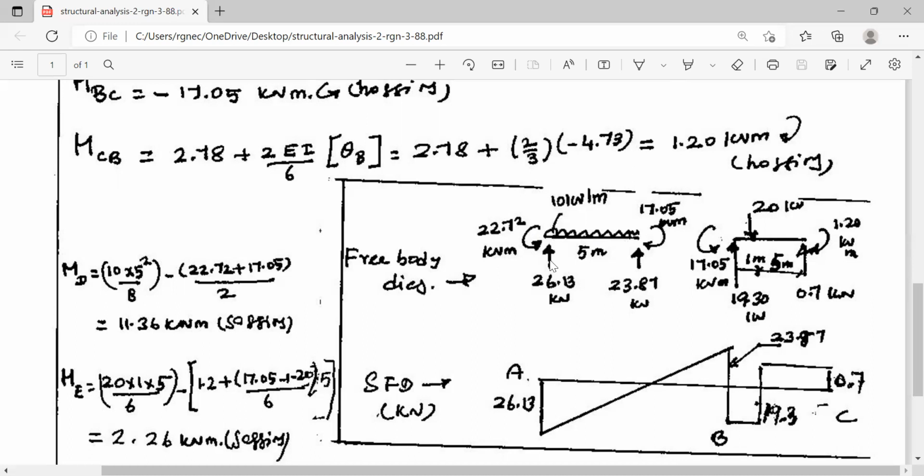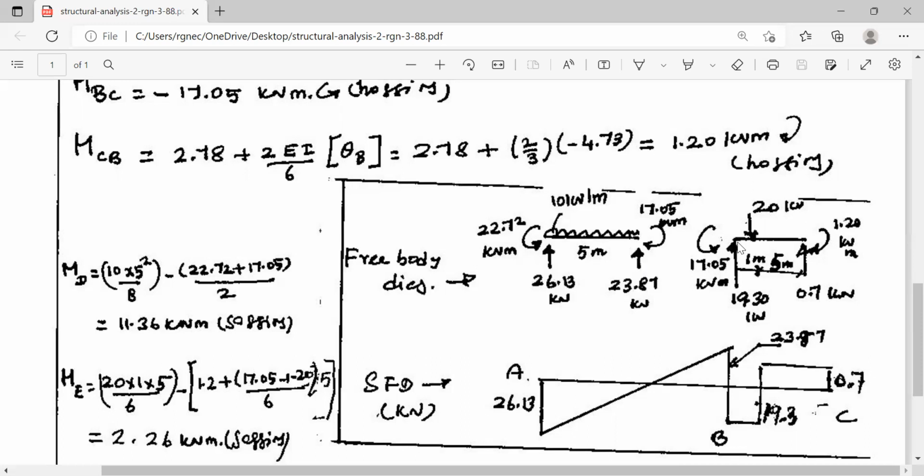By taking moment about A, using the relationship sigma MA equal to 0, you will get RBA. That is, in the span AB, this is the reaction.